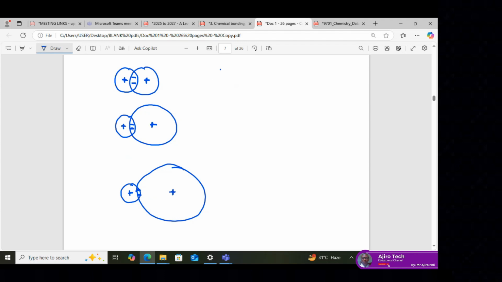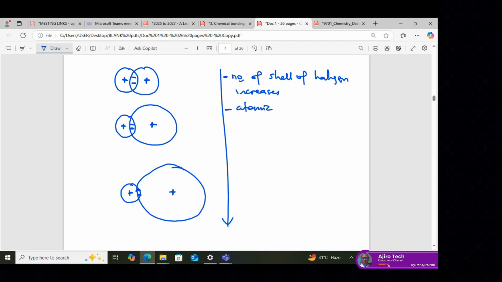So the number of shells of the halogen increases, right? Second point, atomic radius of the halogen increases, right?